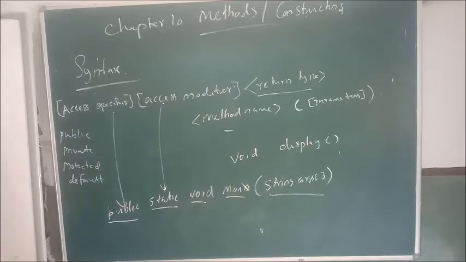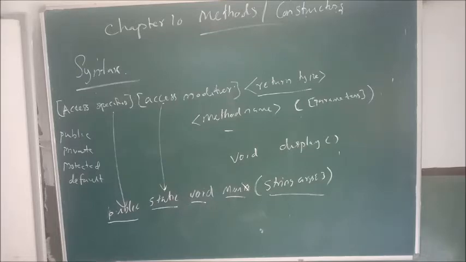If I tell you one definition, for the time being just understand: when we declare a method or a variable as static, that means the method or variable can be accessed without using the objects. I'll give you one example soon.